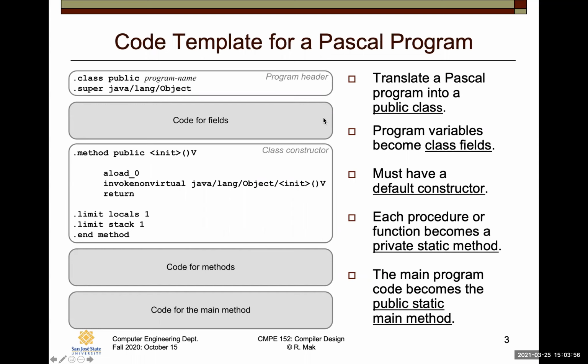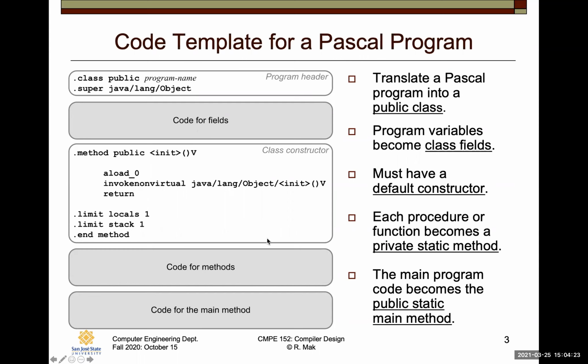Okay. Then in the gray area, this says that we're going to emit code for the various fields of the class. These then, of course, correspond to the global variables of the Pascal program. And it's a gray box because we'll expand this gray box in a later diagram to show what actually goes in there. Okay?